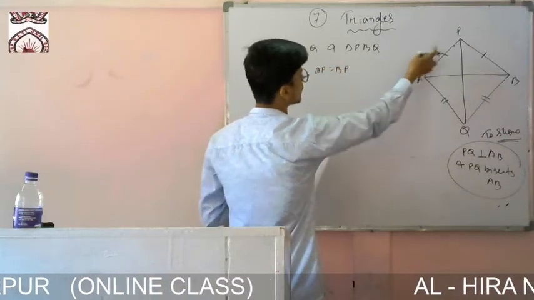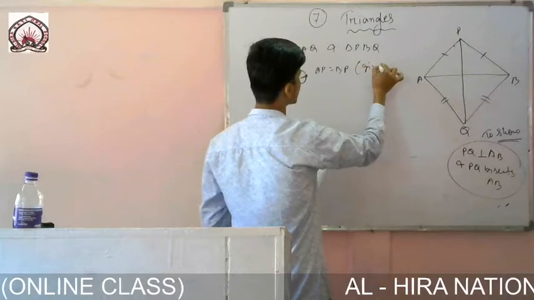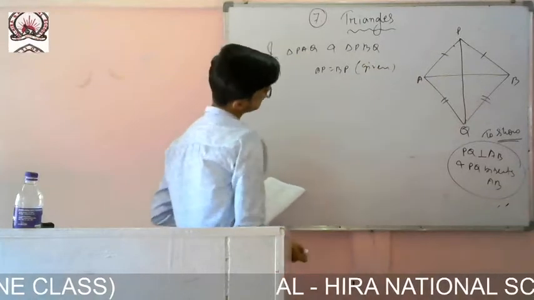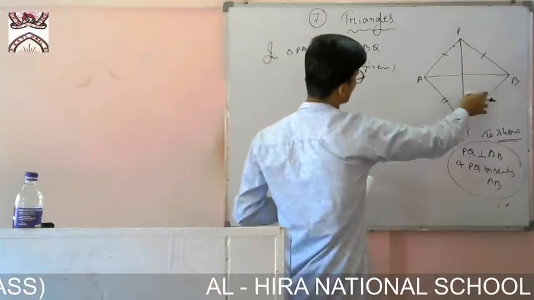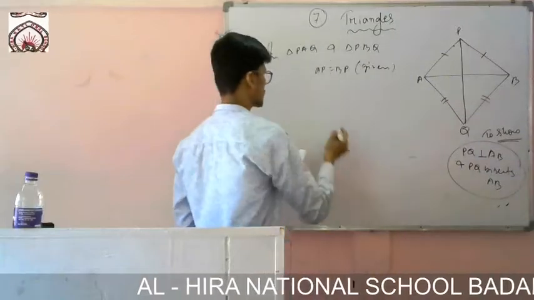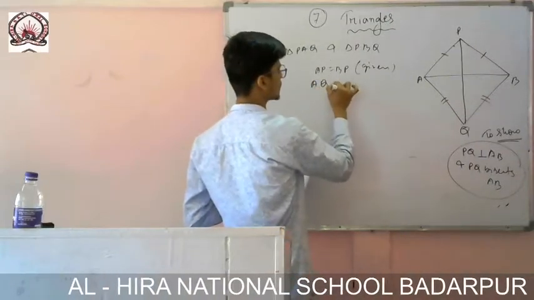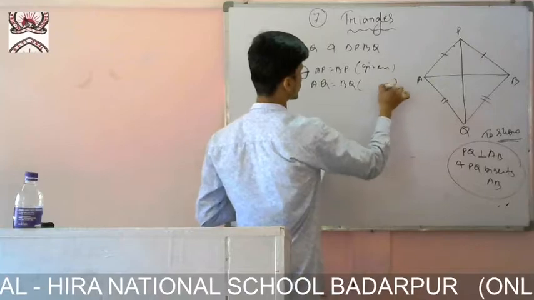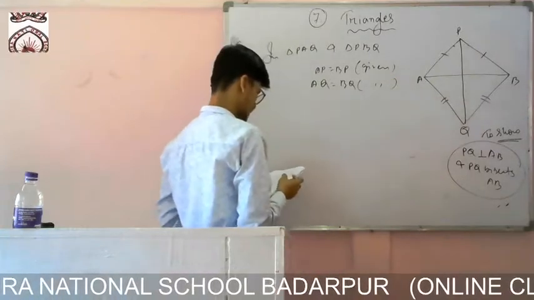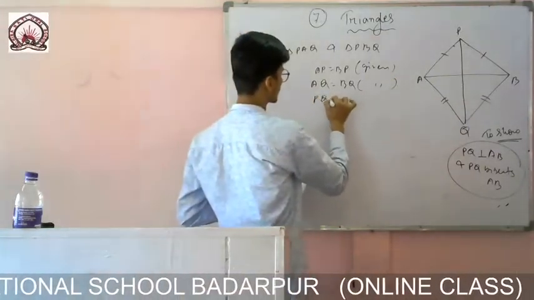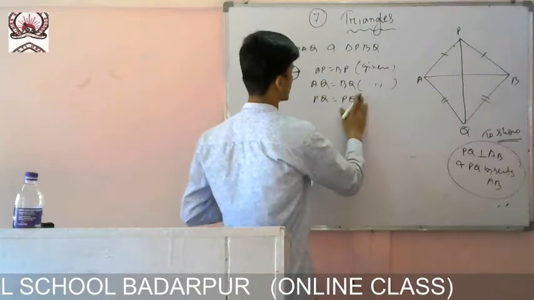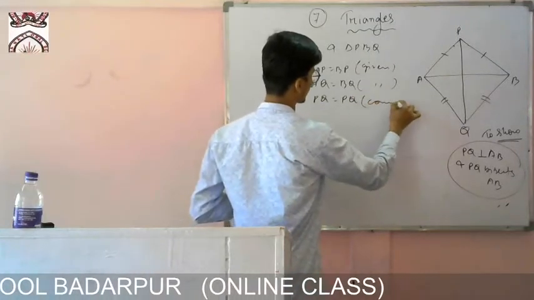Yes, it is correct because it is given in the question. Then this side is equals to that one, so AQ is equals to BQ. It is also given, and PQ is the common side. So PQ equals to PQ.